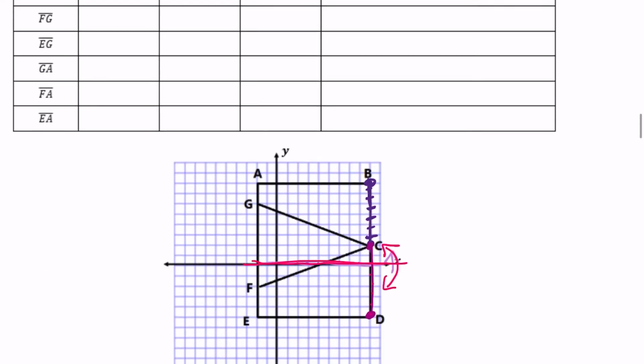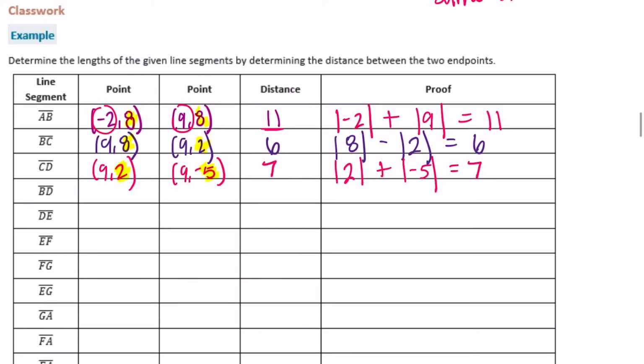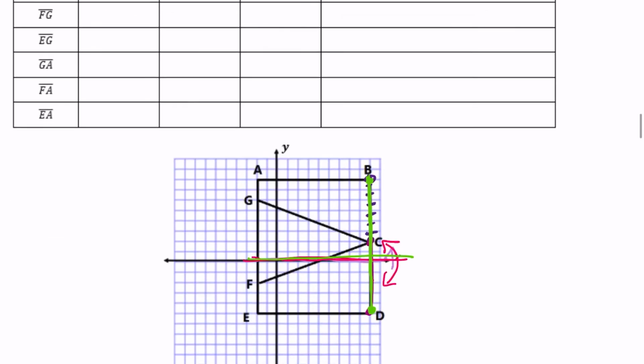All right, BD. So BD is all the way up here, down to here. They're on opposite sides of 0, meaning we're going to be adding. So the coordinates for B were 9, 8. And for D, they were 9, negative 5.